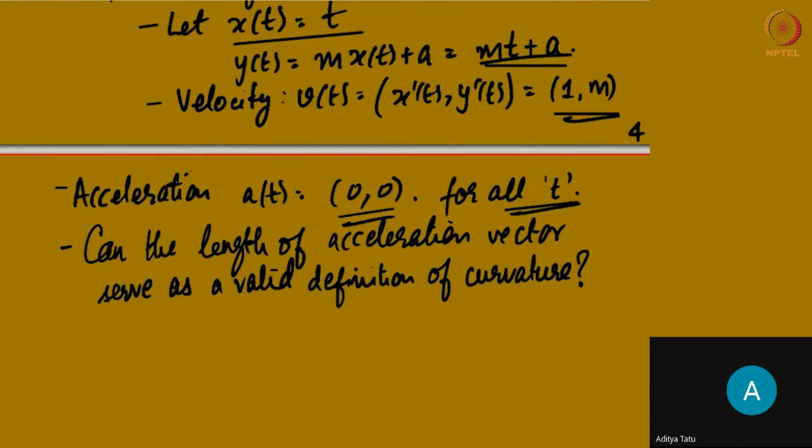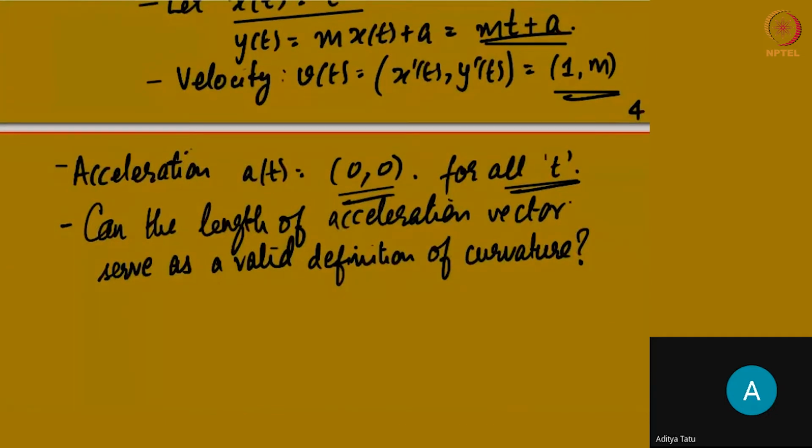Now, roughly see that I want curvature as a single number, right? It's a single number, measures the deviation from a straight line. It cannot be a vector. Can I sort of set the curvature equal to the length of the acceleration vector?